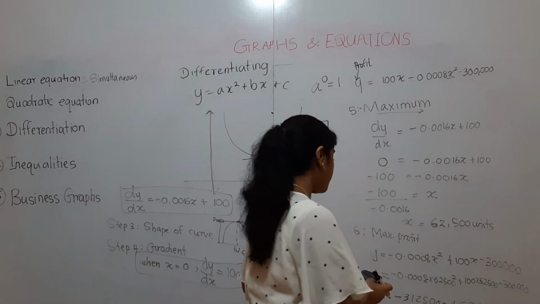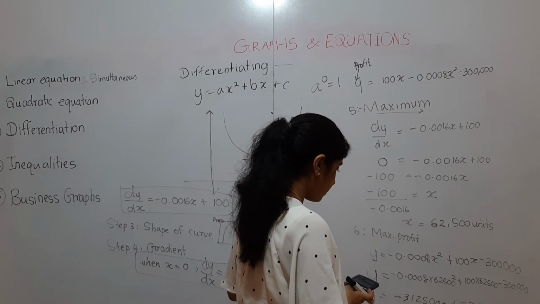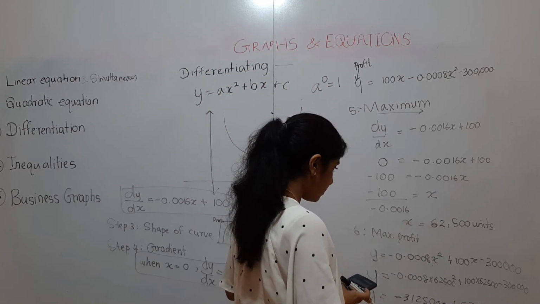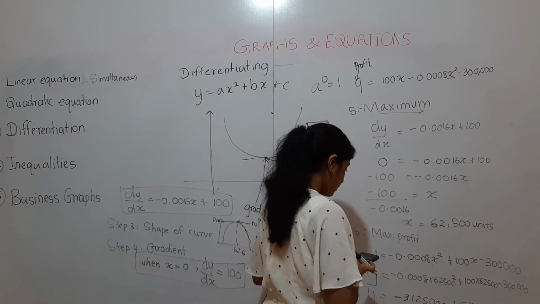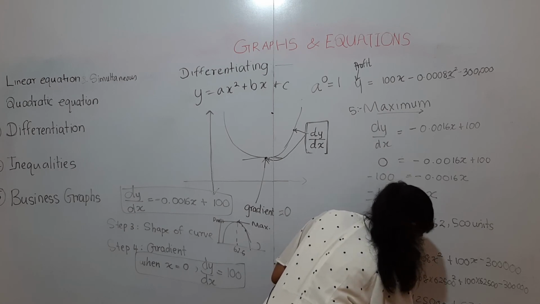So your maximum profit will be 2,825,000.